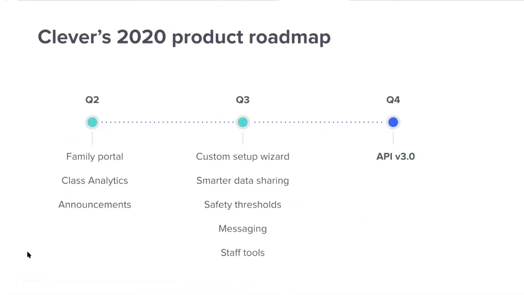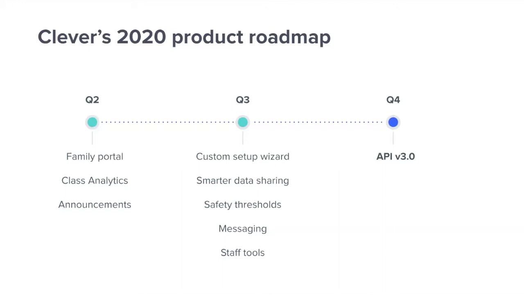As we look at the 2020 product roadmap here, many of the features we released for back to school in 2020 delivered tools to support the evolving needs of districts and educators, enabling faster, easier onboarding with streamlined workflows. We're now thrilled to announce that version 3 of Clever's API will be available in December 2020.